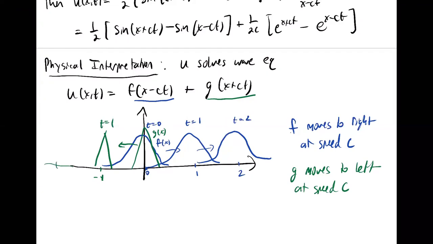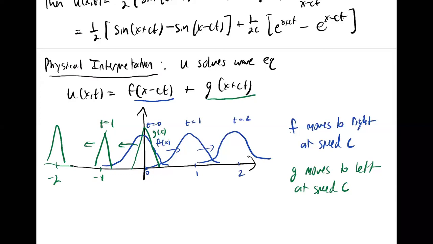When t is equal to 2, it again moves to the left at the same speed. So what do solutions to the wave equation look like? I have one wave moving to the right at speed c, and another wave moving to the left at speed c, and you're looking at the superposition of these two different waves.